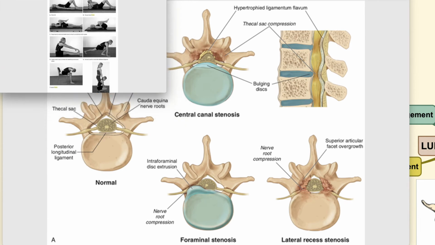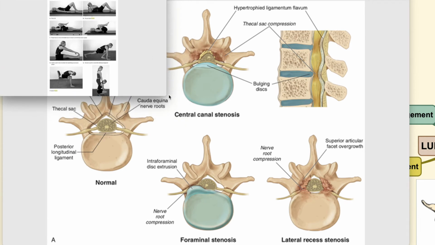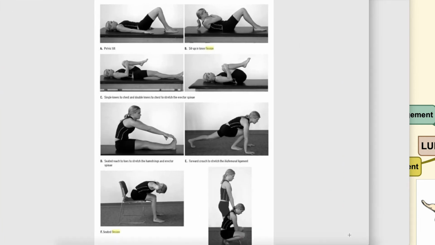Now, the reason why you need to do Williams flexion exercises, such as shown in this picture, which includes various movements such as pelvic tilt, sit-up in knee flexion, single knee to chest, and seated reach to toes, is to strengthen your flexor muscles, especially the abdominal muscles, which help flex our lumbar spine.